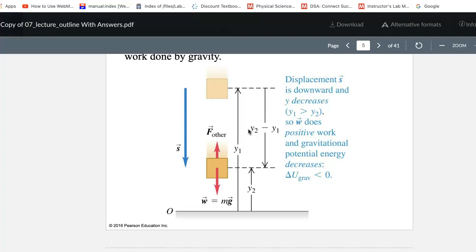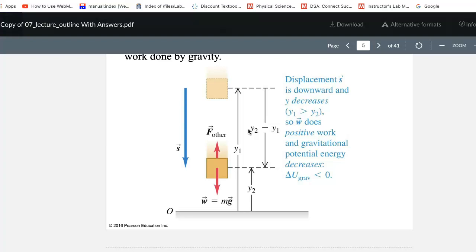We will talk about it later, but here the object is moving downward, so y decreases, then y1 is greater than y2, and the weight is doing positive work. Why is it doing positive work?